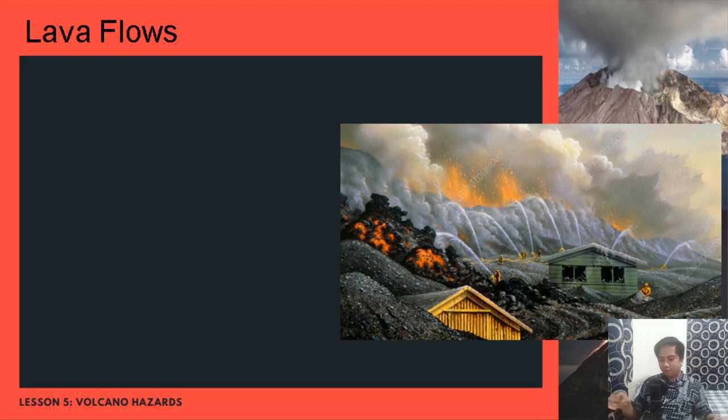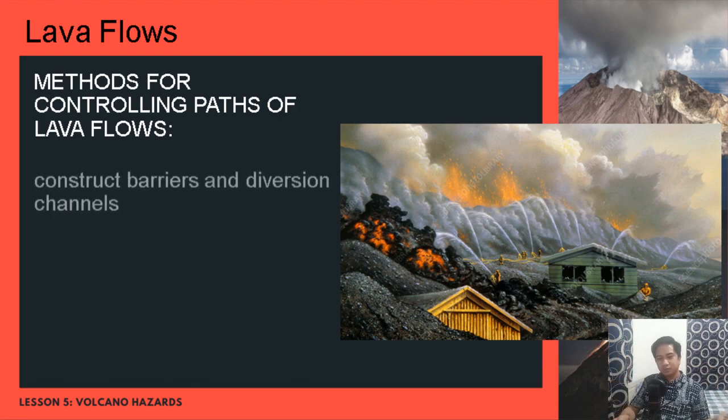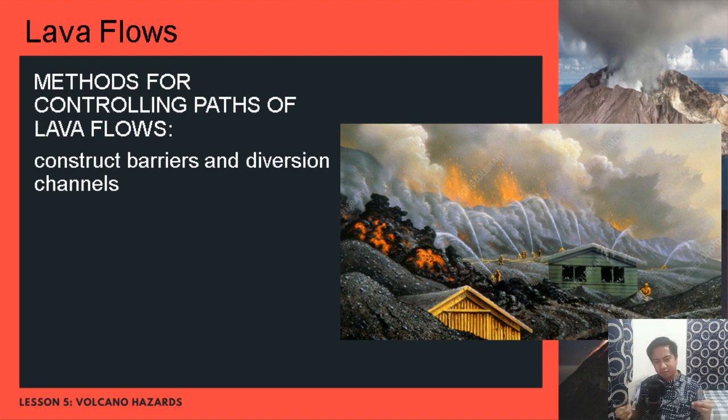So in your lava flows, how can the people in the community lessen or mitigate the effects of your lava flows? So here, there are methods for controlling the paths of your lava flow. So paano na siya sir naton mapunggan ang lava nga nagatubod sa volcano? So people may have the construction of the barriers and the diversional channels.